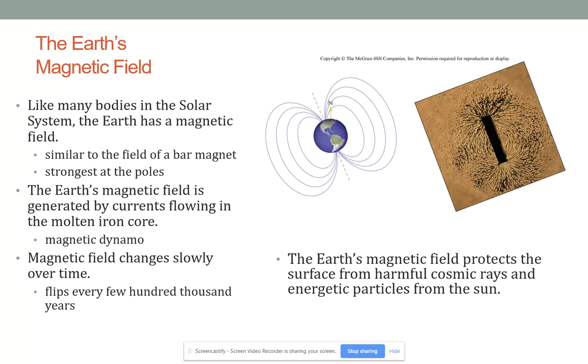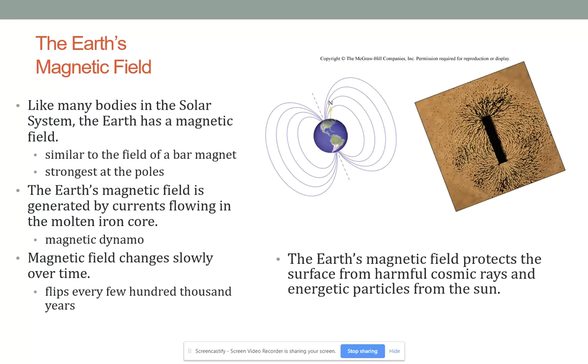So talking about the magnetic fields, the Earth has a planet-wide magnetic field. The reason for this planet-wide magnetic field is not because we have a big bar magnet there in the center of the Earth. It sounds fun, but it just wouldn't make any sense. So what we believe is going on is that there is a magnetic dynamo in the Earth.